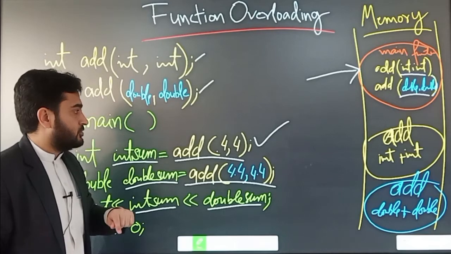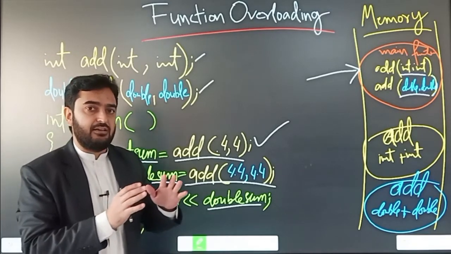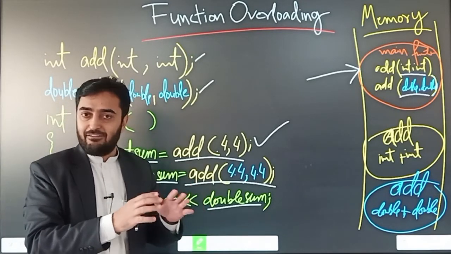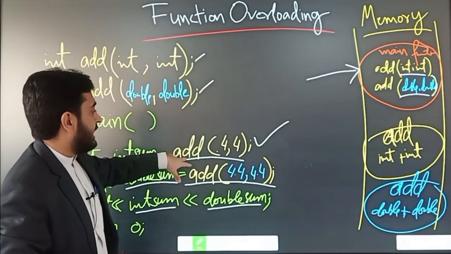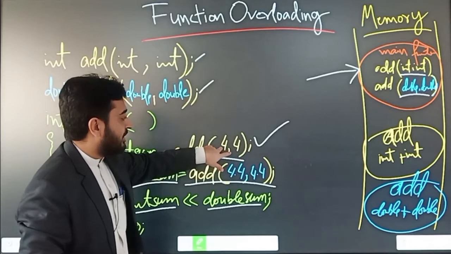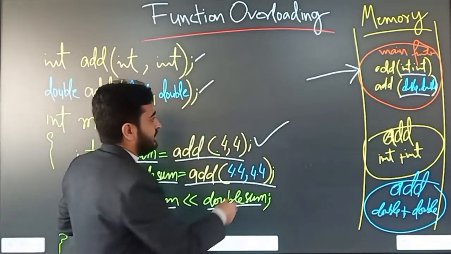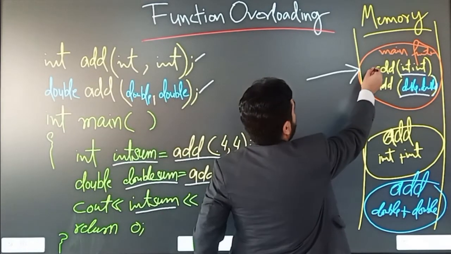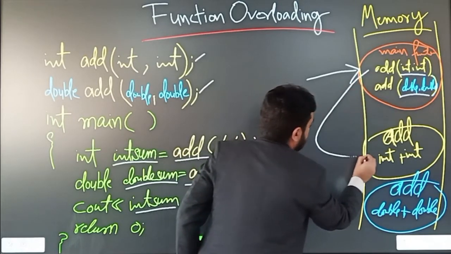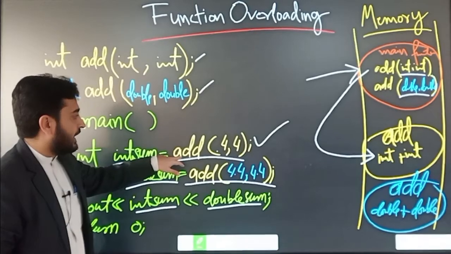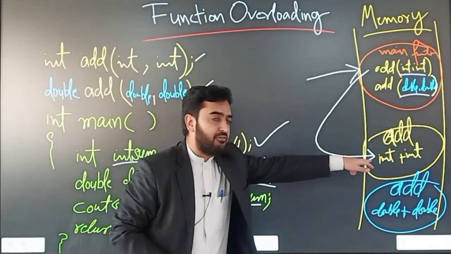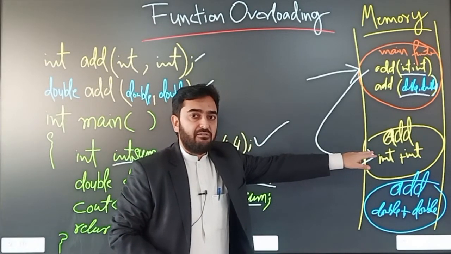It means that we have made the program kind of intelligent, where the execution will understand that here we are passing the integer type, so therefore from the main function the add function shall be called, the one which is defined with the integer type of parameter list.